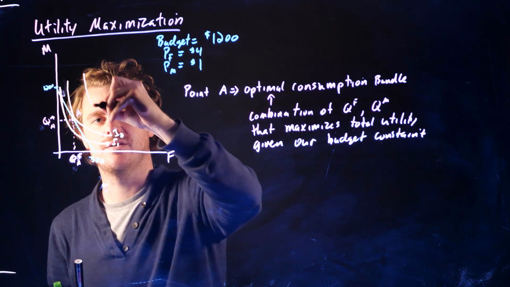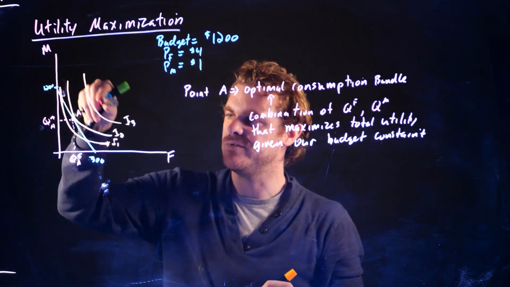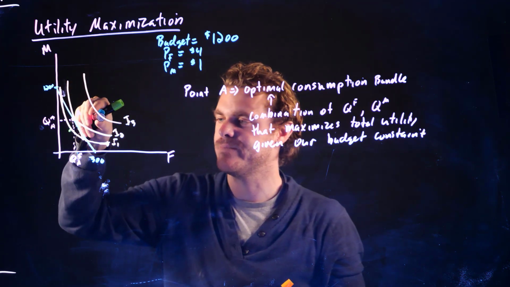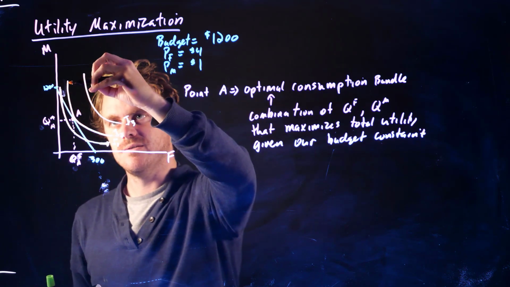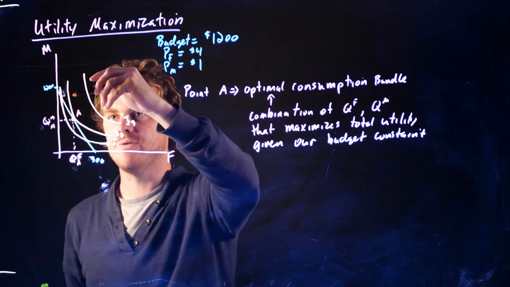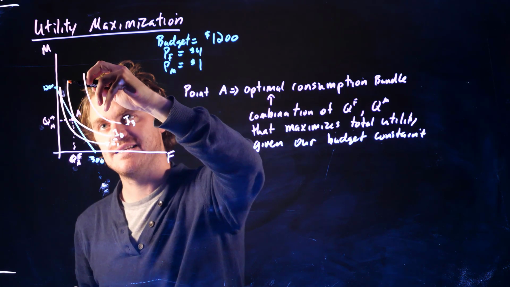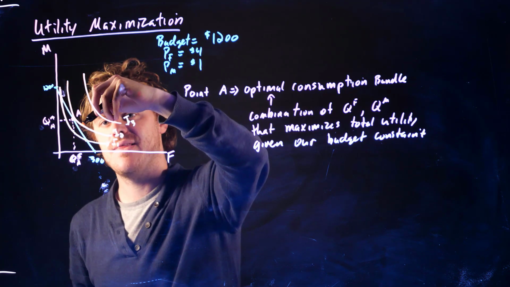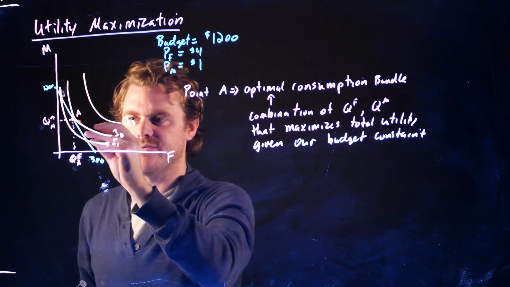There'd be another one, like an I3 out here, but we can't afford any combination of those goods or any of those bundles along I3. So we want to draw out our budget constraint, and then draw an indifference curve that is just tangent to our budget constraint.